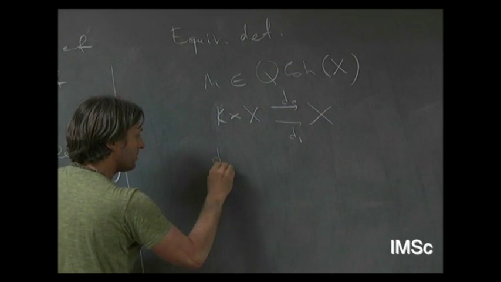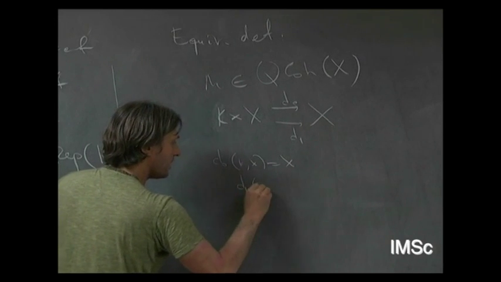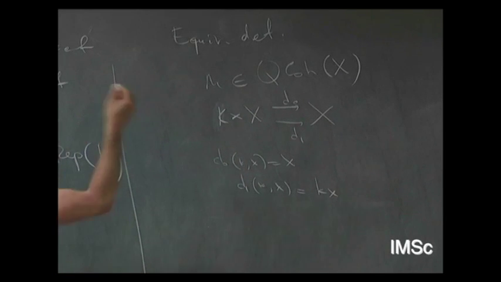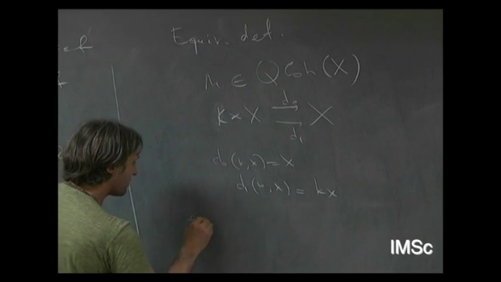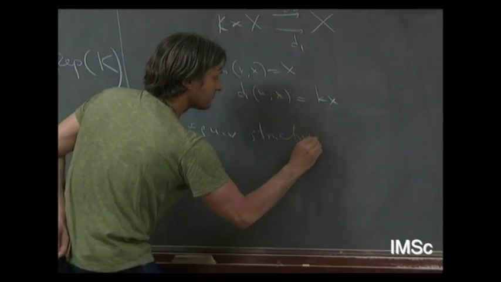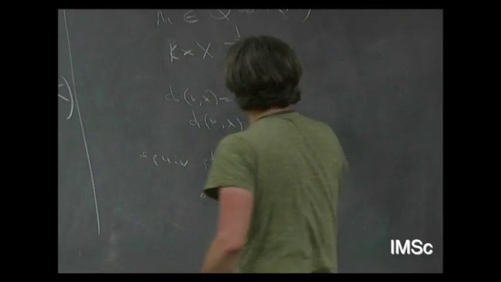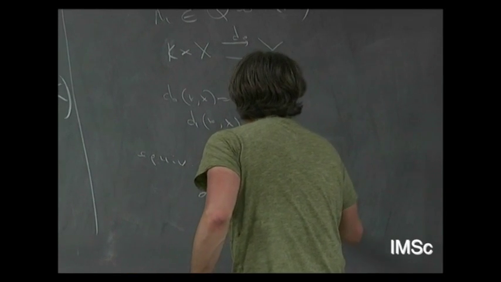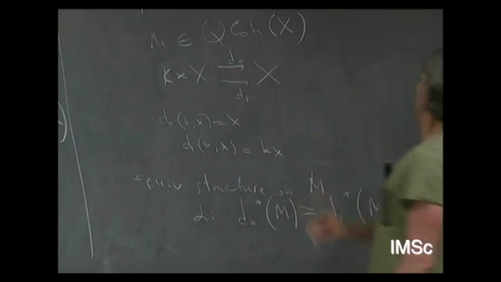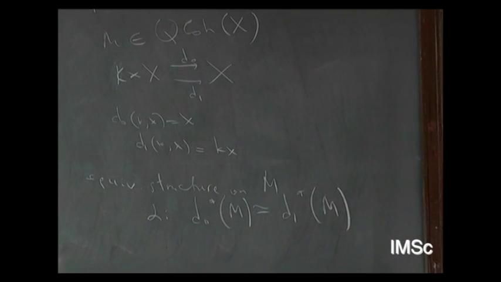So d0 of (k,x) is x, and d1 of (k,x) is kx. Then an equivariant structure on M is an isomorphism alpha between two pullbacks, satisfying a cocycle condition, which I'm not stating right now.